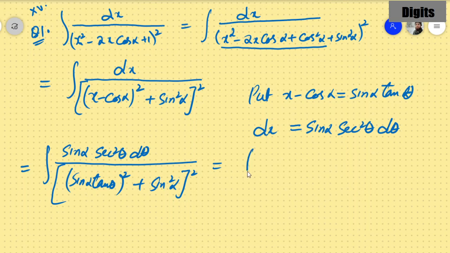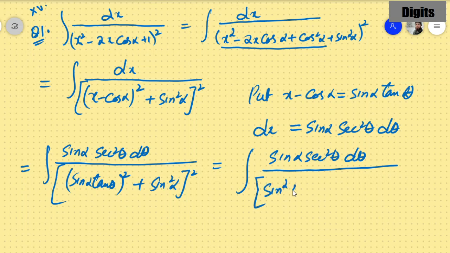It will be equal to the integral of sin alpha sec square theta d theta divided by, in the denominator we have sin square alpha in two terms, so I will take out sin square alpha and write it as sin square alpha into (tan square theta plus 1), whole square.